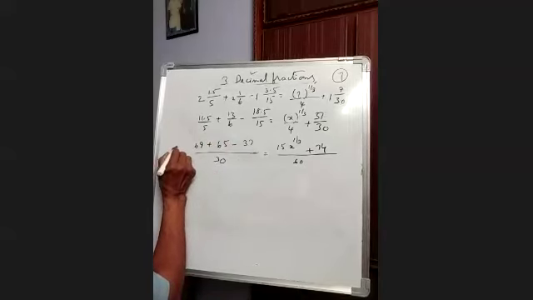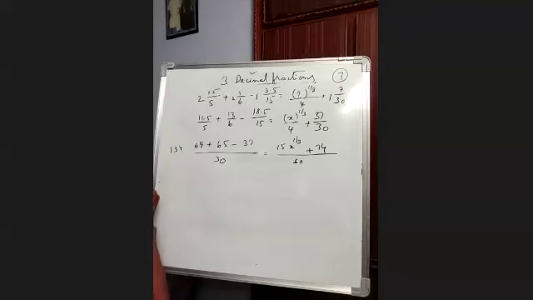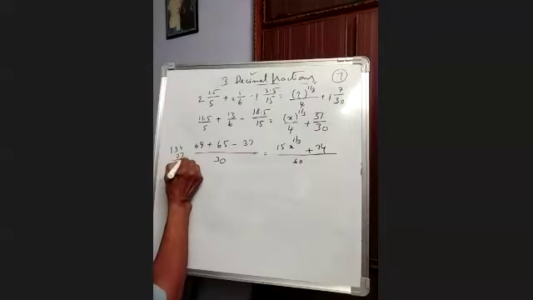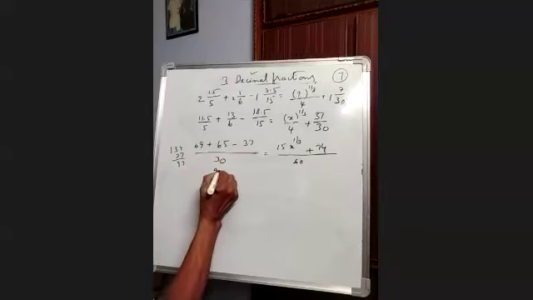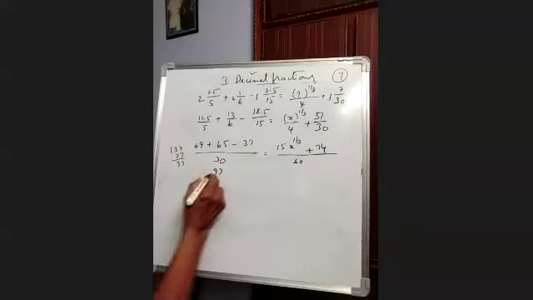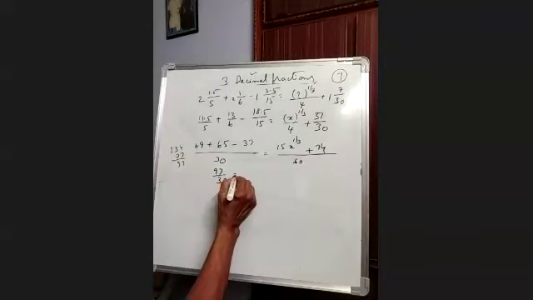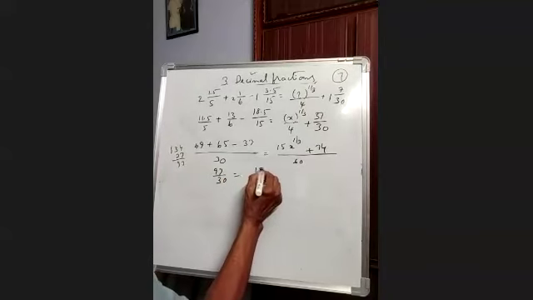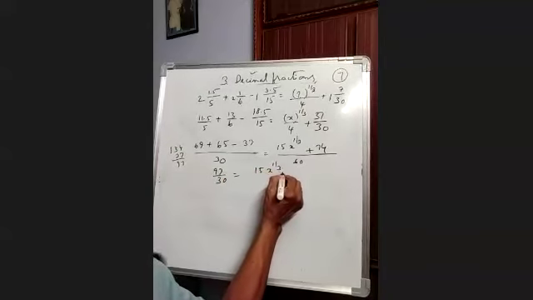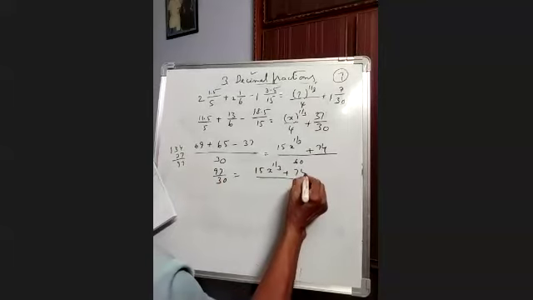That will be 4, 134 minus 37 will be 97. Numerator will be 97 by 30 is equal to 15 x to the power of 1 by 3 plus 74 by 60.